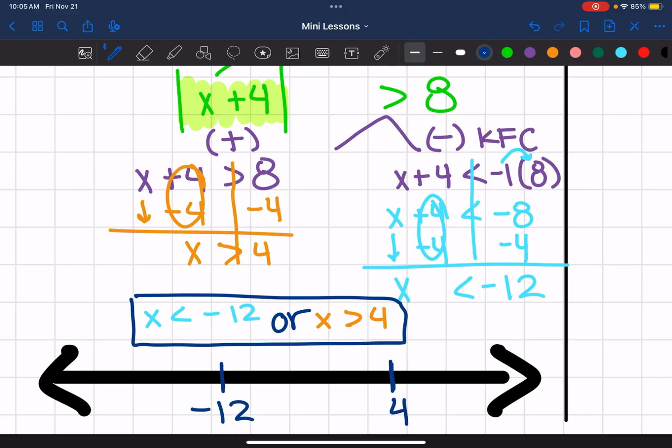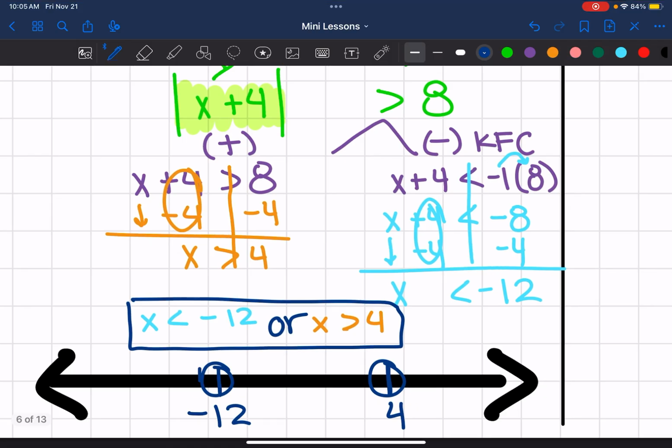Then we need to figure out if we are doing open dots or closed dots. Notice that because there's no line underneath the inequalities, these are not or equal to's. This is just a regular less than, this is just a greater than, meaning we are going to have open dots. So make sure those open dots are nice and obvious. Now because this is an or sentence, this means the shading will be on the outside of these dots.